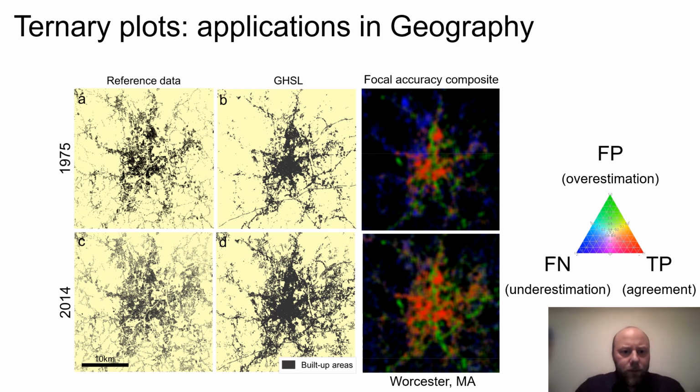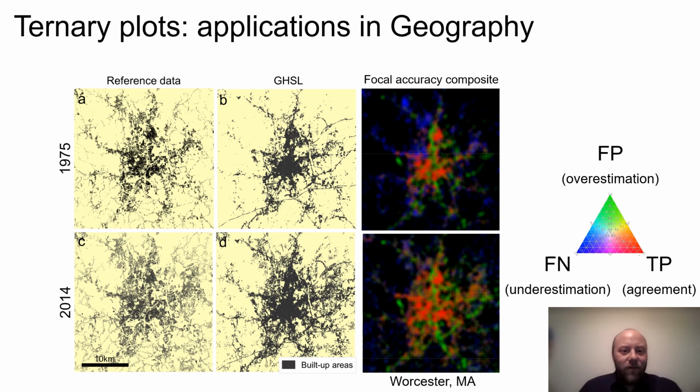So you can see built-up areas. Black are built-up areas here for the city of Worcester in Massachusetts. I think this is how you pronounce it, right? I used to say Worcester, but somebody told me that it's wrong.